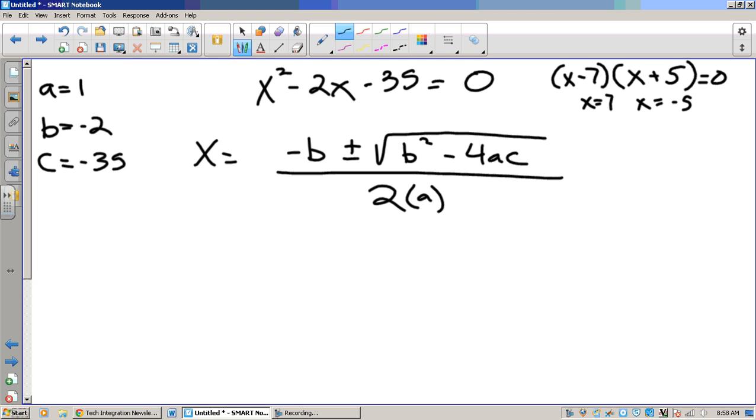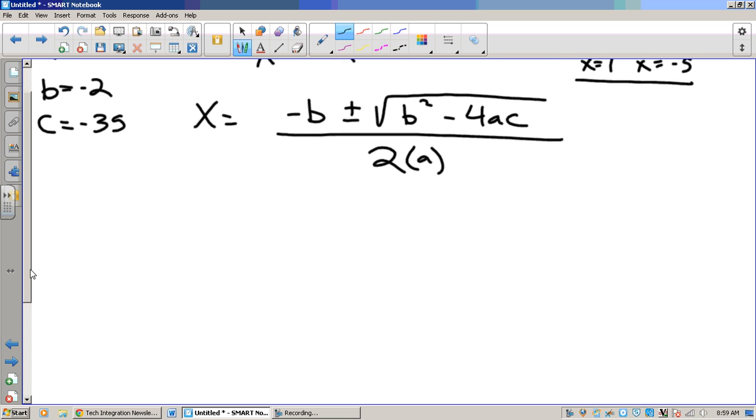Remember, when we are graphing quadratic equations, just like the extra credit problem said on your quiz, you can have 0 roots, you could have 1 root, or you could have 2 roots. Any of those are possibilities with our quadratic equation or quadratic formula as well. This one, we know that there are going to be 2 answers when we plug and chug here. That's where that plus or minus comes from.